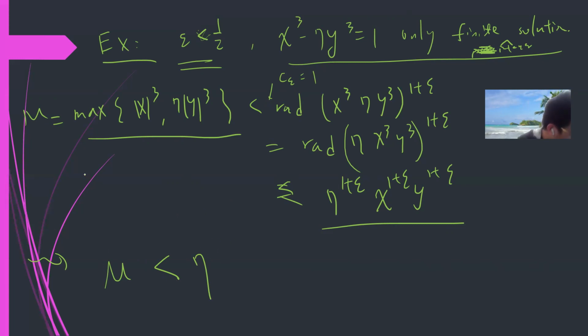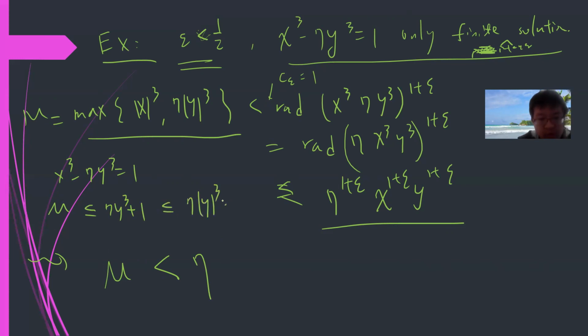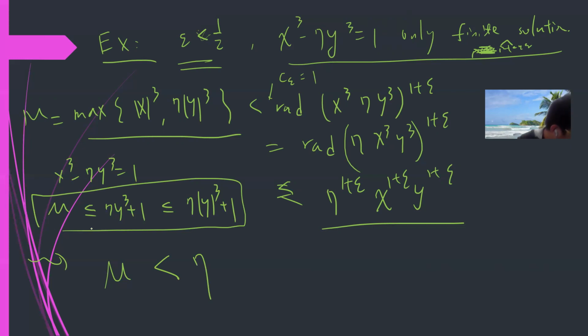So let me just change a little bit. So x cubed minus 7y cubed is 1, right? So I know that m is basically less than 7y cubed plus 1, right? So less than 7y cubed plus 1. So basically this will make some change for this x and y.